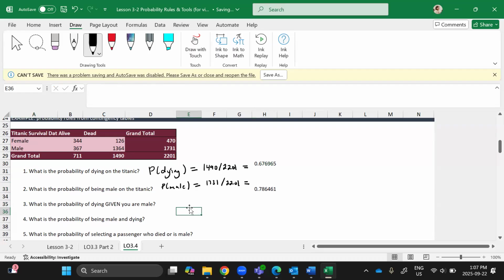What is the probability of dying given you are male? This is where we can start to use our correct terminology.